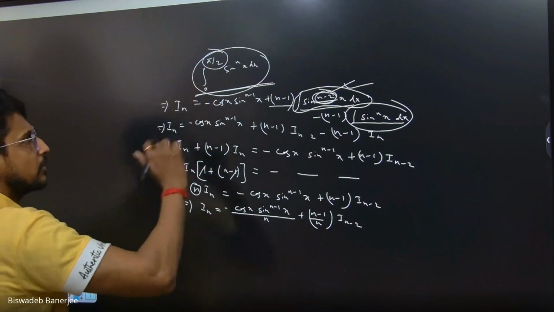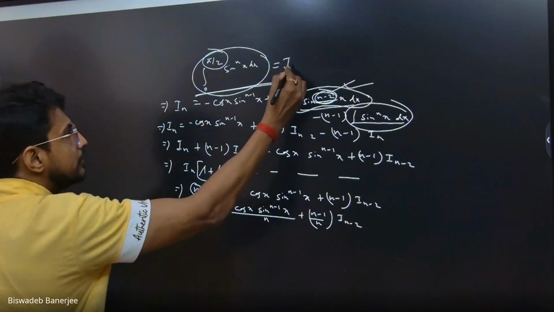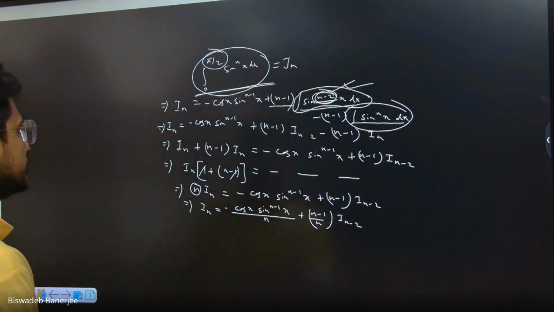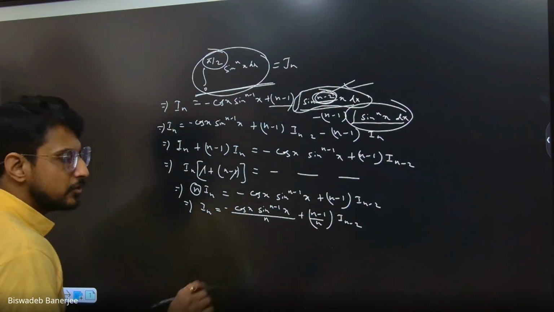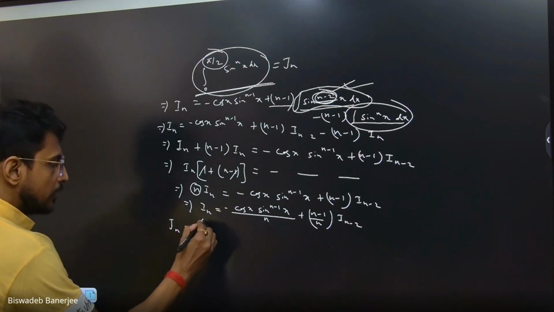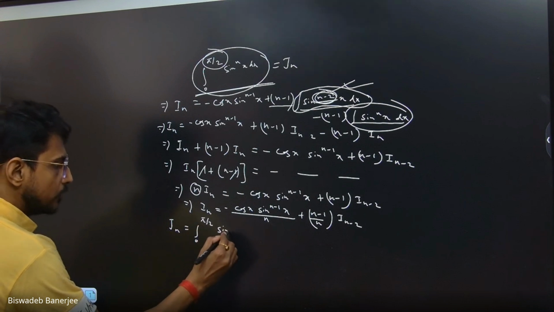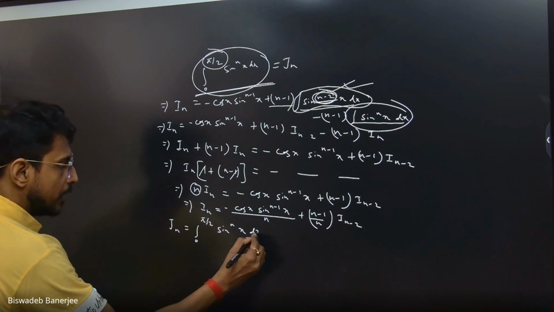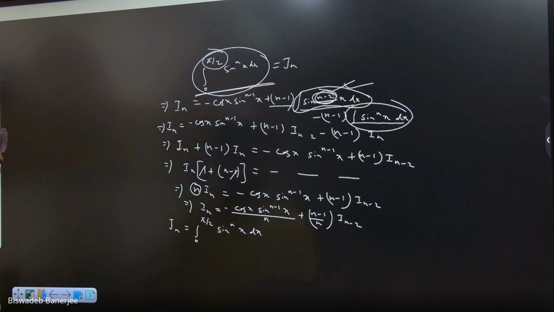Let us denote this by Jn. Jn is a standard notation. Say Jn equals the integration from 0 to pi by 2 of sine to the power n x dx.